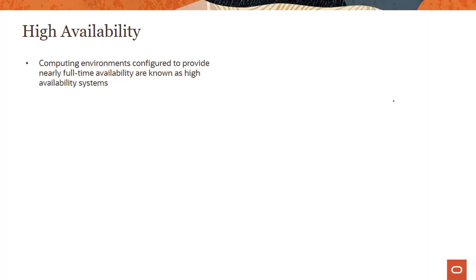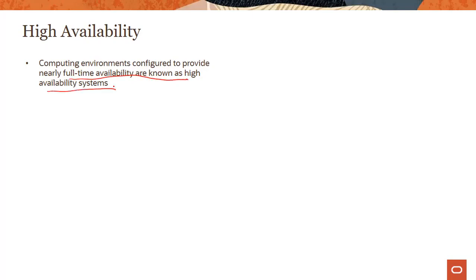All right, so let's look at another key construct. Now we are getting into some of the cloud terminology, which is around high availability. This is a core concept you really need to understand. Computing environments configured to provide nearly full-time availability are known as high availability systems.